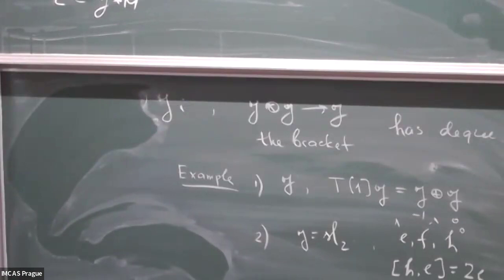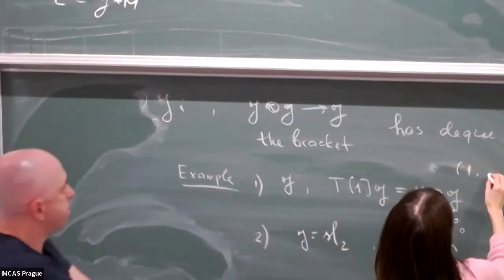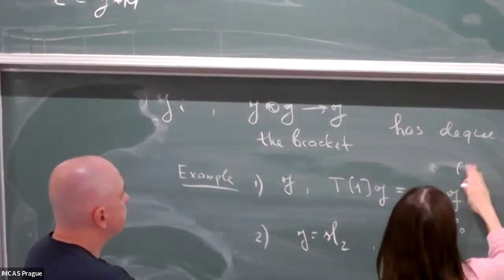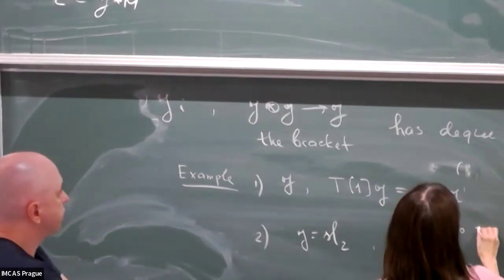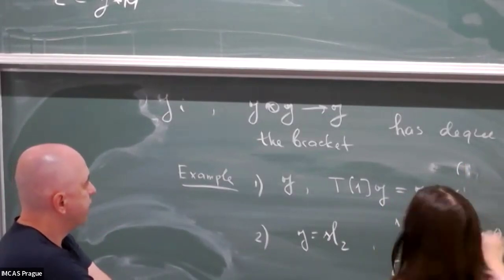A question related to SL2. You say that it is Z-graded, right? Yes. But you can also think of it as Z3 graded, right? Z3? Yes, because there are 3 terms, minus 1, 0, 1.